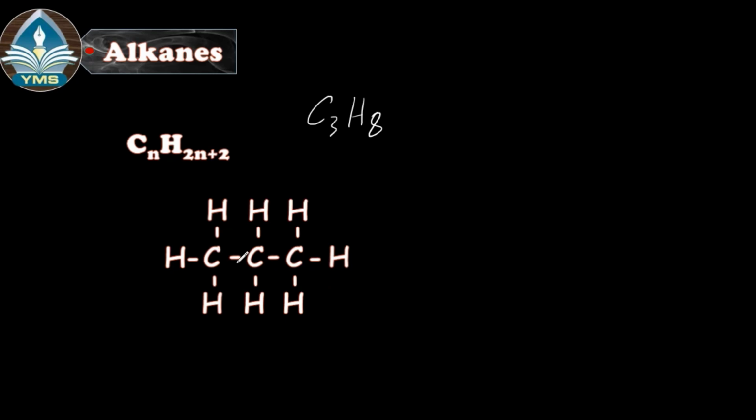So if you look here, every carbon is bonded with hydrogen and carbon by a single bond. This is a single bond. And if you remember the Lewis dot structure, this is carbon, and it has 4 valence electrons, so it needs 4 more. The hydrogen will bond with it, and every hydrogen is going to contribute 1 electron.